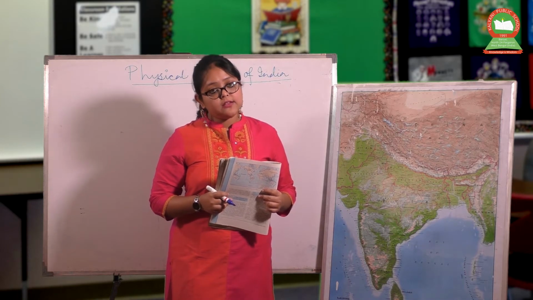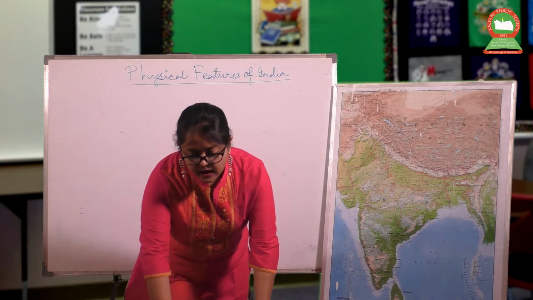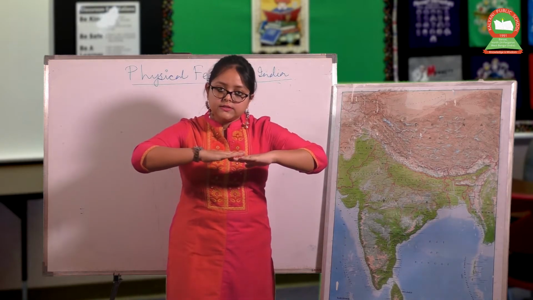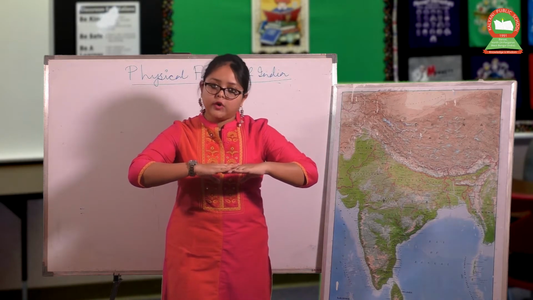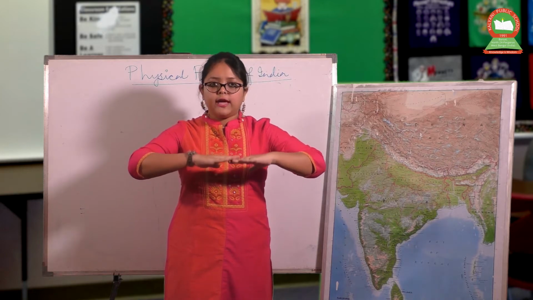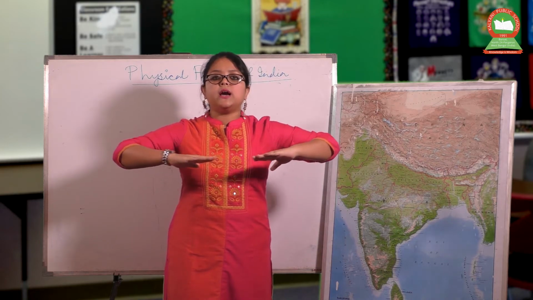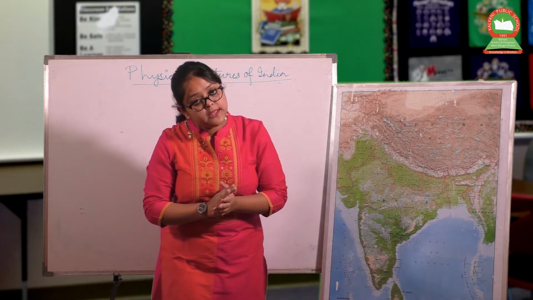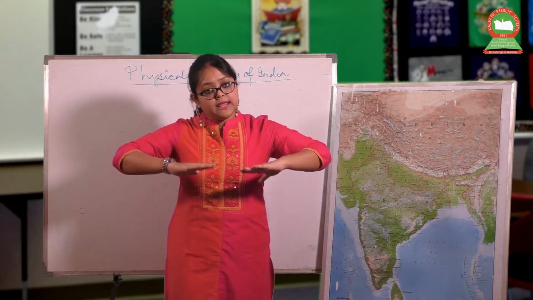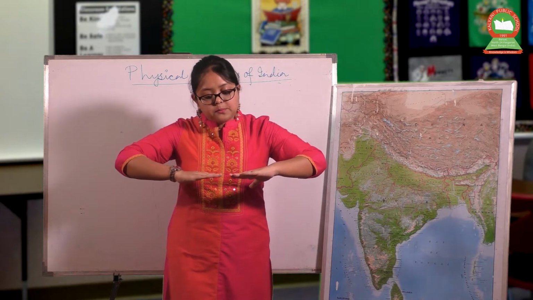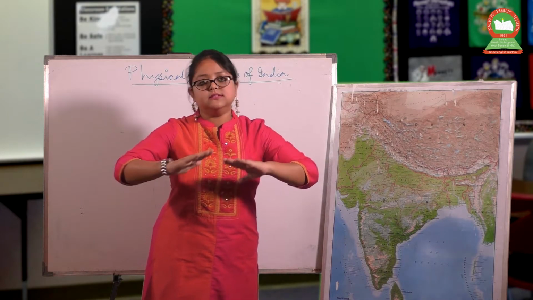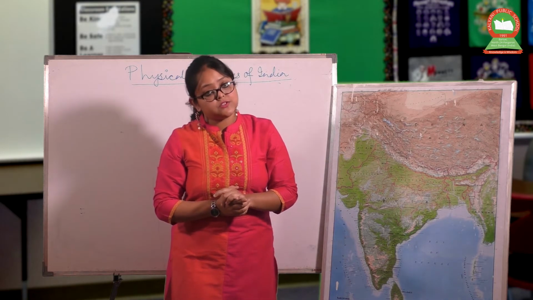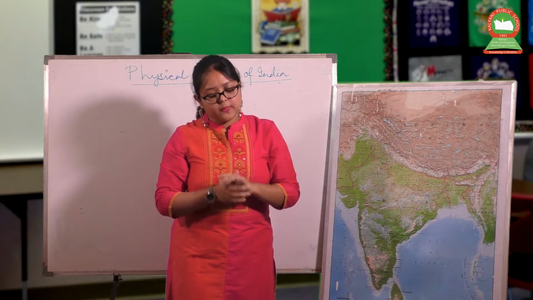When the plates are moving towards each other, this is known as a convergent plate boundary. When the plates are going away from each other, this is known as a divergent plate boundary, and when the plates are going parallel to each other, this is known as a transform plate boundary.